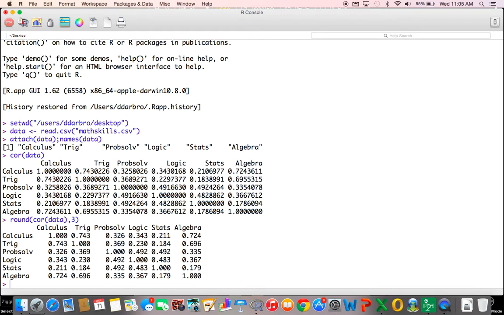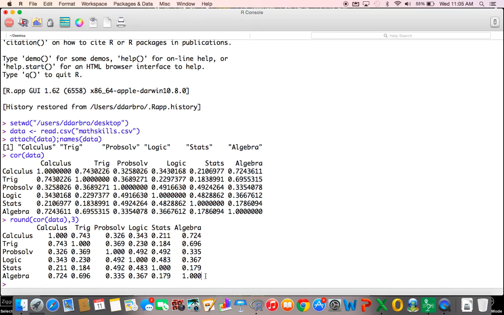So guys, I got tunnel vision right now. Do I have too many small correlations? Well, when I look down calculus, I see that I've got 1 that's below 0.3. Just focusing on the ones below 0.3 right now. I've got 2 in trig below 0.3. I've got 1 under logic, 2, 3 under stats.